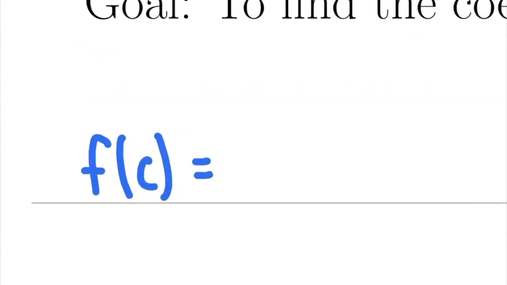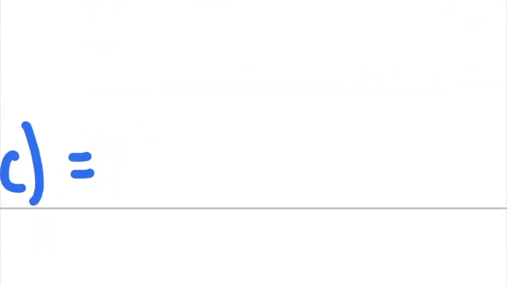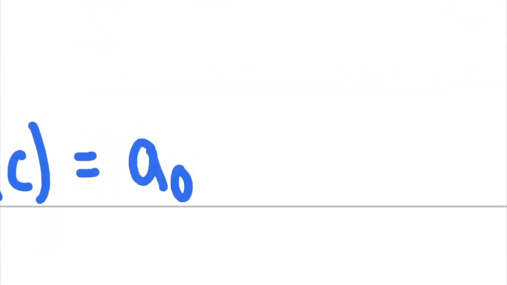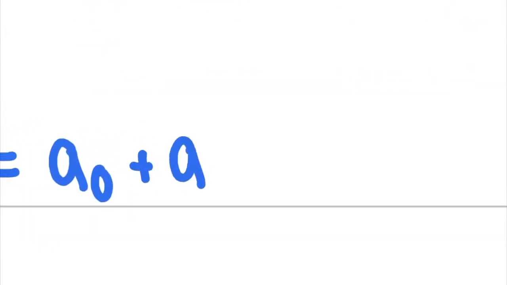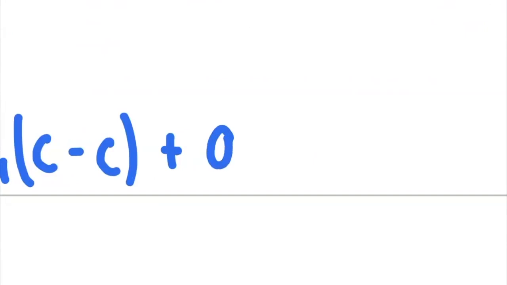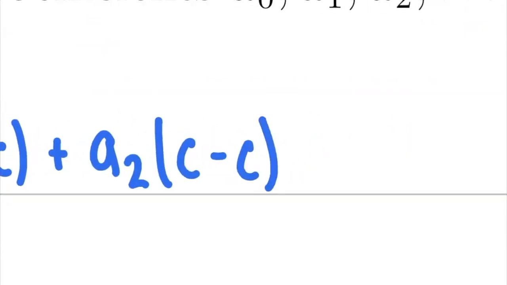So f of c, if you plug that in, you're going to get a sub 0 plus a1 times c minus c plus a2 times c minus c squared. And hopefully you'll see the pattern from here.